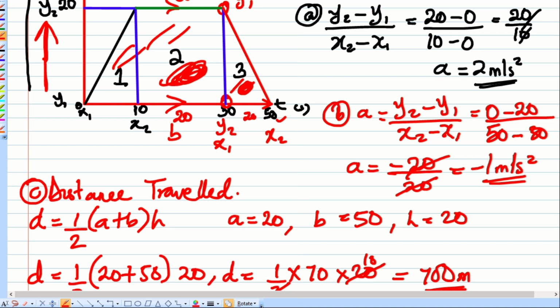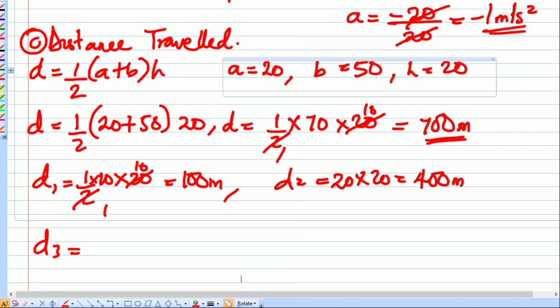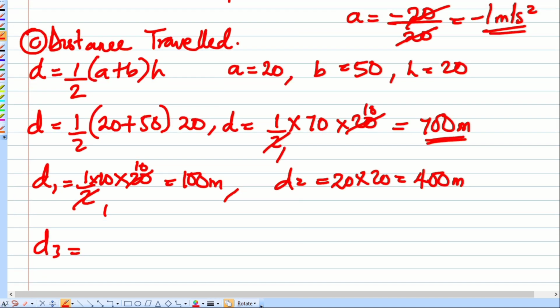The area should be the same as the first one, but the base is different. So 2 into 20 is 10, and we have 20 times 10, which is 200 meters.